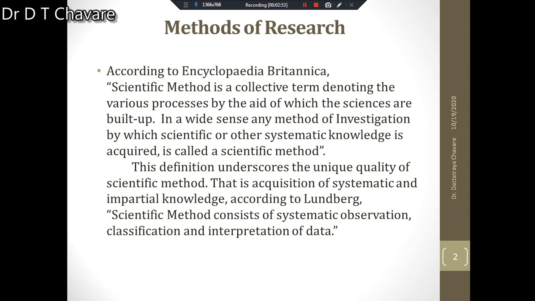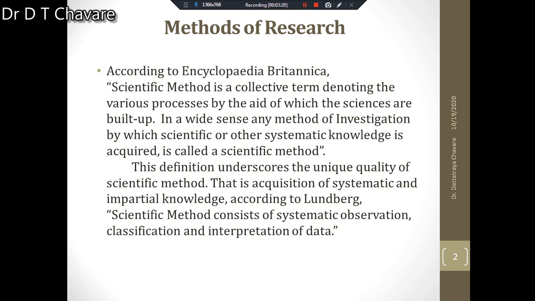This definition underscores the unique quality of the scientific method. Try to understand, that is the acquisition of scientific and impartial knowledge. According to Lundberg, scientific method consists of systematic observation, classification, and interpretation of data. There are three important things according to this definition. What are those? Systematic observation.